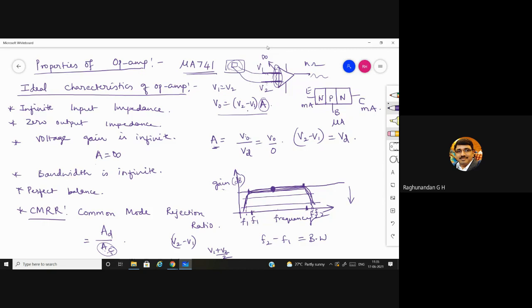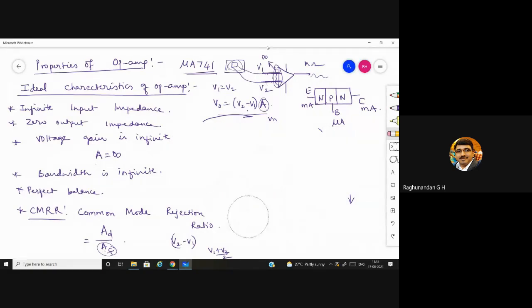Here, to find A, A is equal to, sorry, just the reverse, V0 by V2 minus V1. So A is equal to V0 by V2 minus V1.